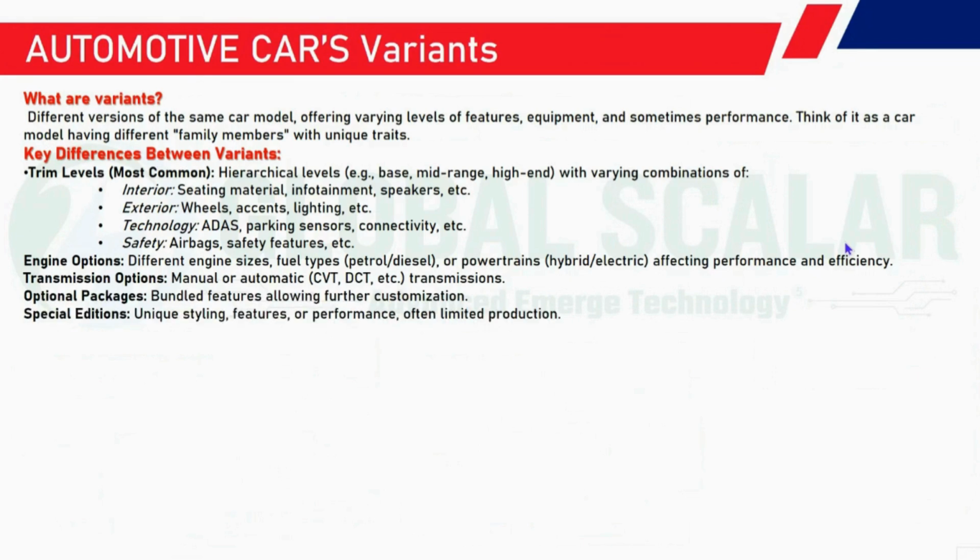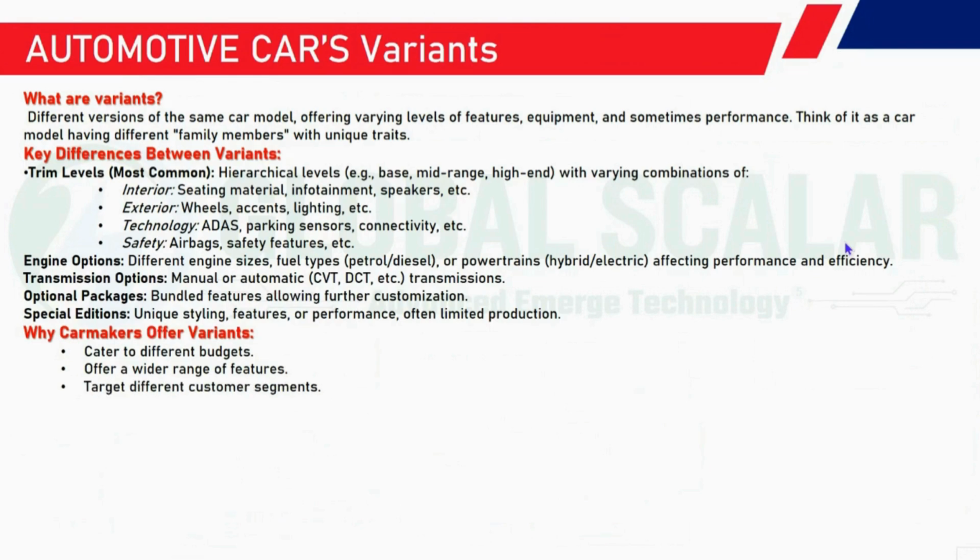And next, optional packages will be there, the safety features and special editions. Based upon these, the variants will be decided. Why do car makers offer variants? Because customers have different budgets and different prices, and based upon the prices, the features will be added, and the car-specific operations will be performed.